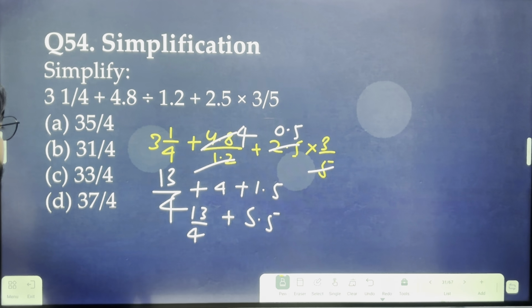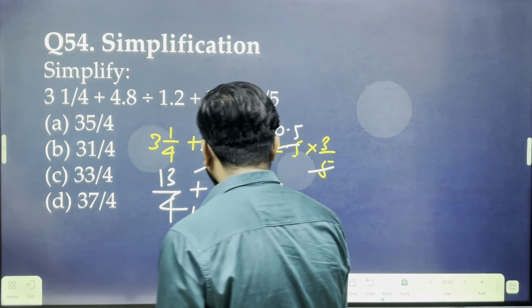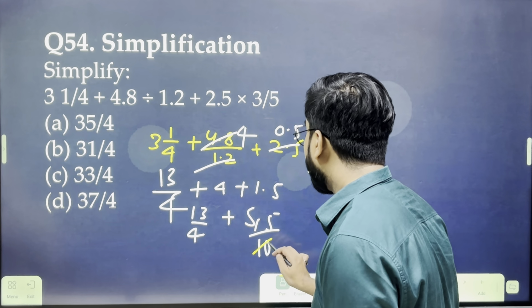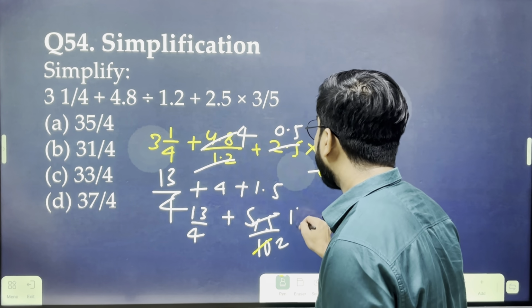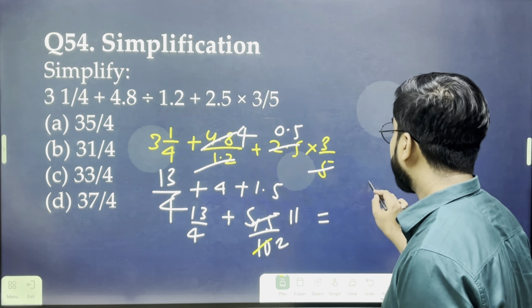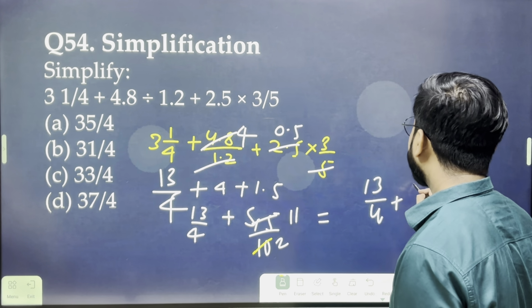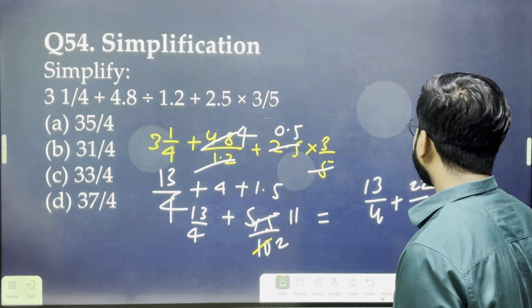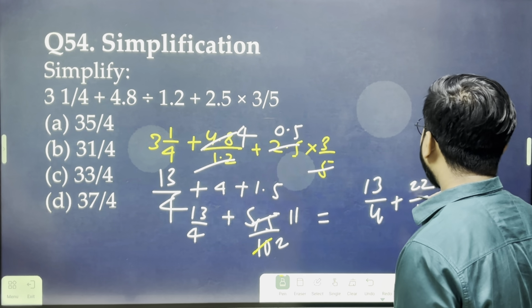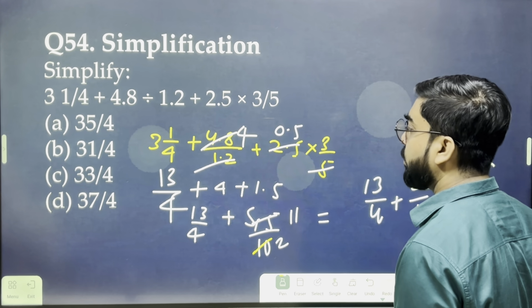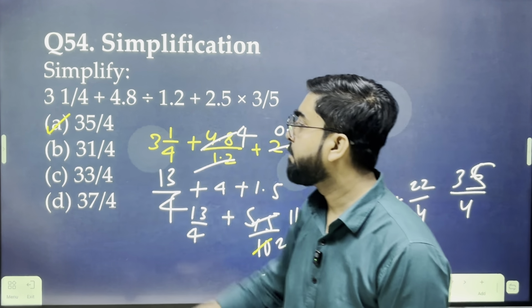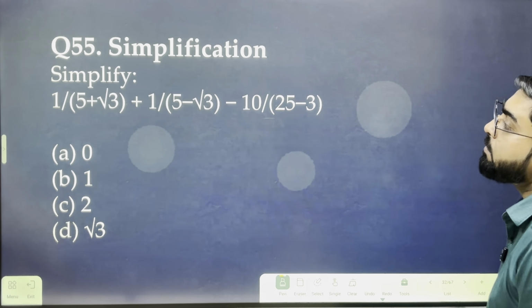Okay, so just take this by 10, 5.5 to the 10, that becomes 11. So 13 by 4 plus 22 by 4. So 35 by 4. Option number A. Next question.